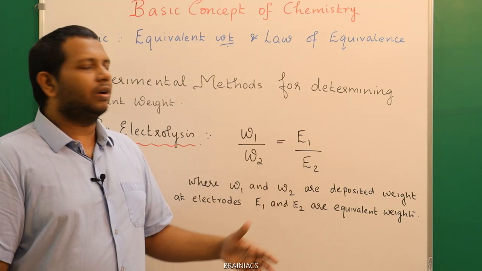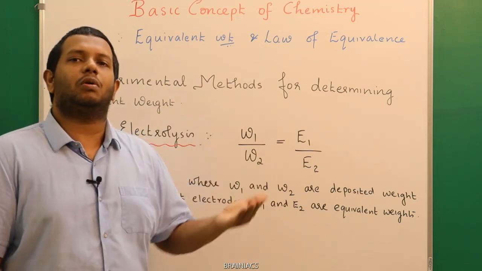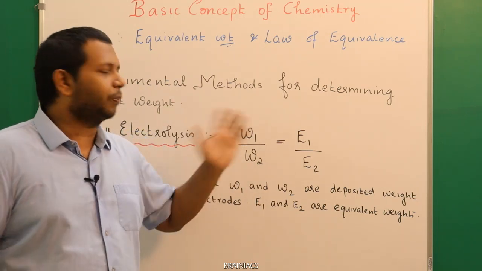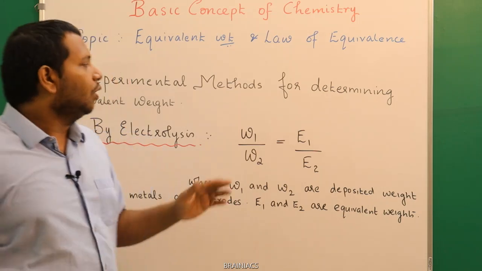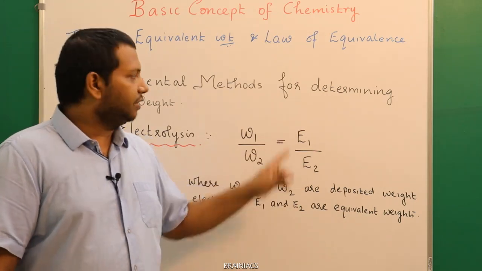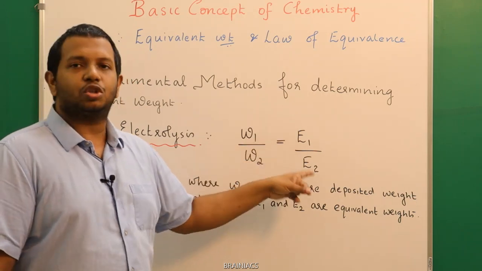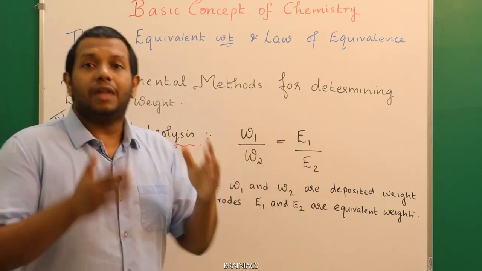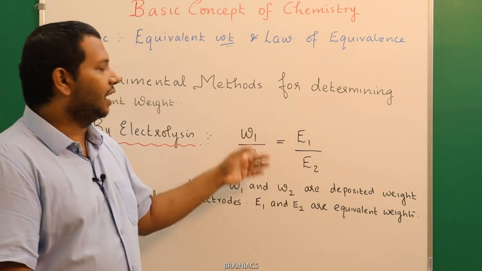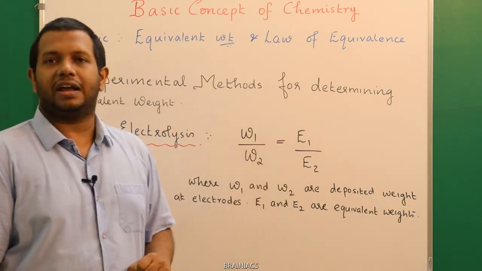If you want to understand more, this can be understood better through a problem. But the concept here is that the ratio of equivalent weights E1 and E2 of those two elements is proportional to the masses of those elements deposited at the anode and cathode.